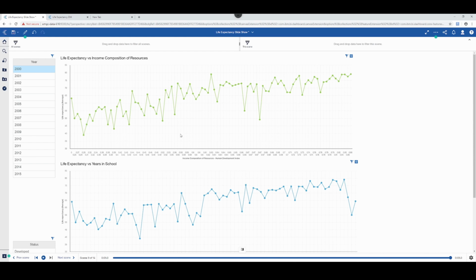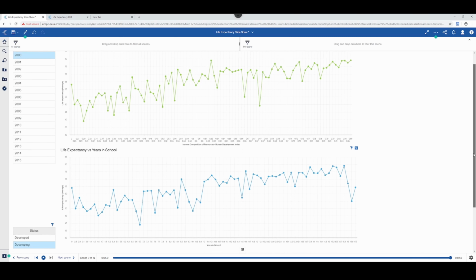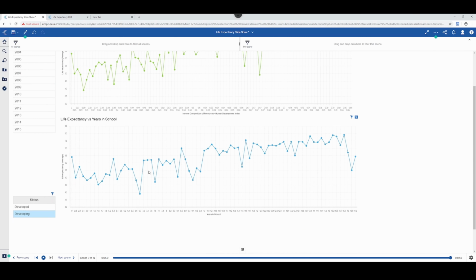And obviously, the more developed a country is, the higher their life expectancy. Same can be said for years in school. The more time people spend in school, the more educated they'll be, and the better overall they'll do in life.